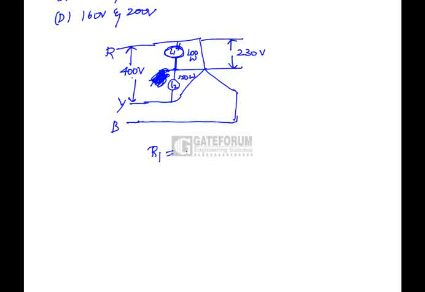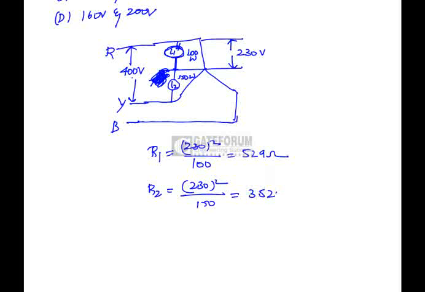So the resistance of the lamp is V square by P, 230 square by 100, which is 529 ohms. Similarly, the resistance of lamp 2 is 230 volts squared by 150 watts, which is 352.66 ohms.